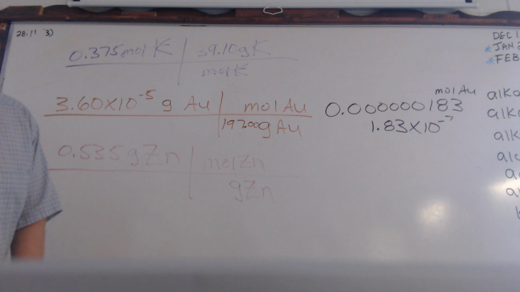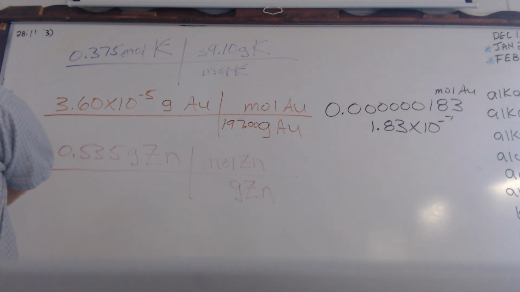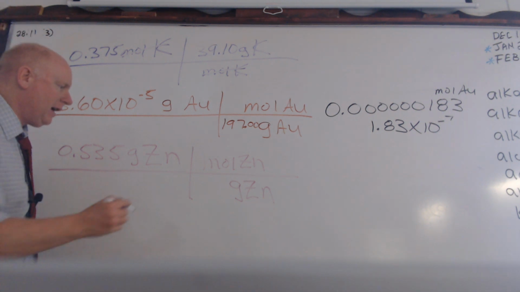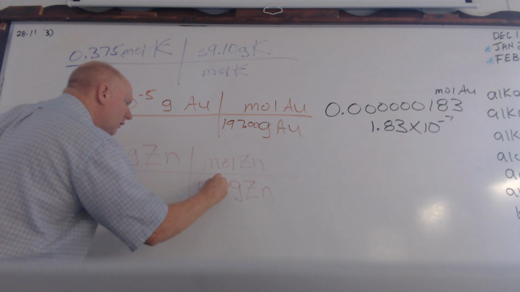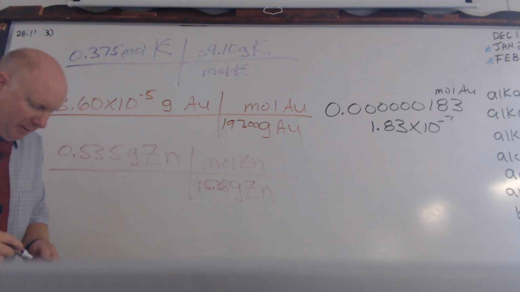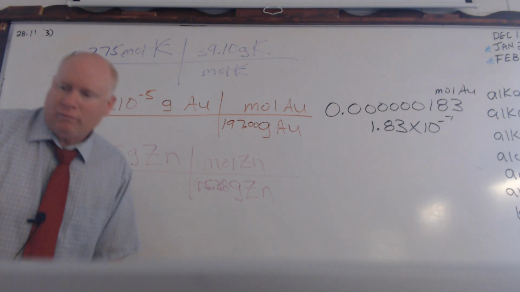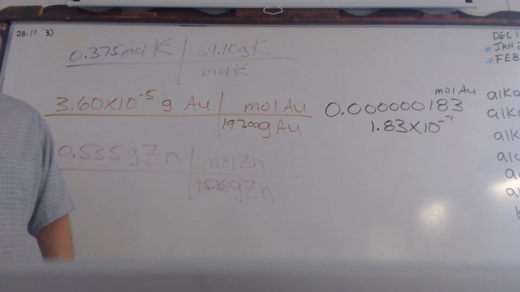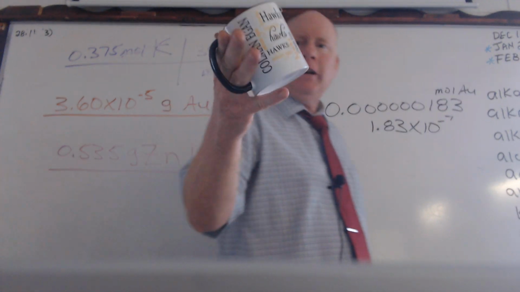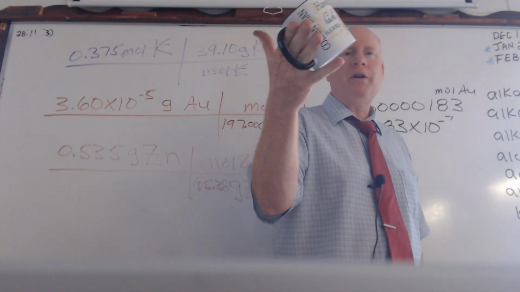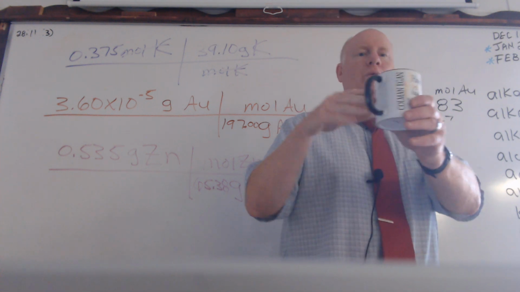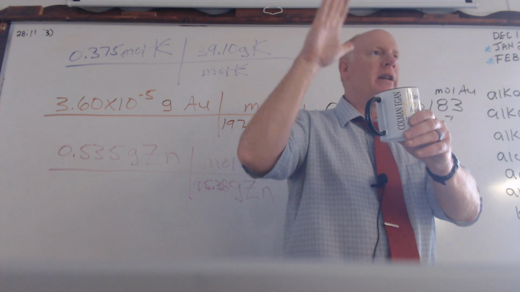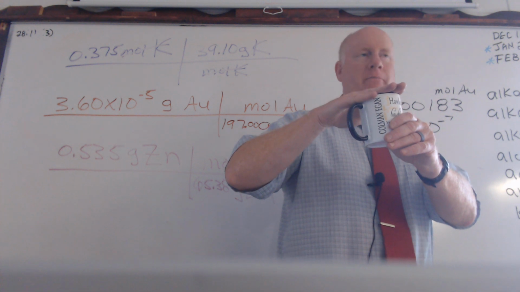And then the atomic mass of zinc, 65.38. The example we did last week, I've always used sulfur, but in this case, if we put 65.38 grams of ground up zinc in this cup, we have exactly one what? 1 mole.